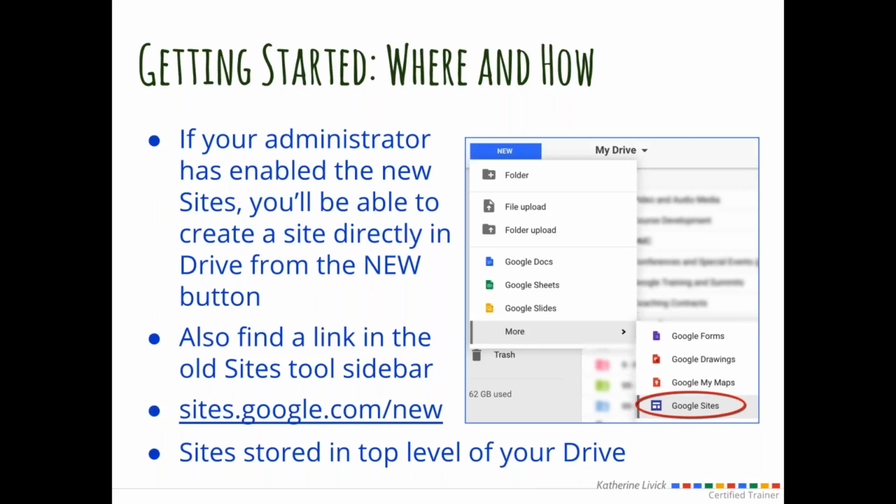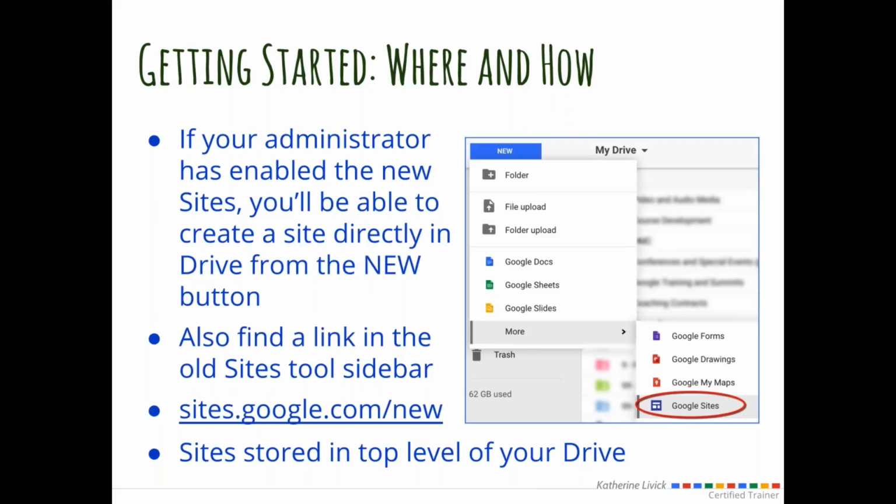If you're logged into your Google account and clicking around as I'm talking, once you're in Google Drive and you click that New button, if you go to More and let that pop out where you'd see Forms and Drawings and stuff, you'll see Google Sites down there. And you can create a new site right from there. And the sites are stored there, so that you can see them in your Drive.